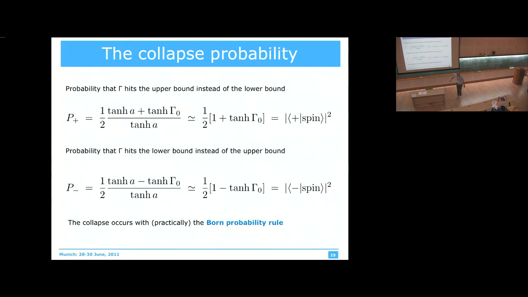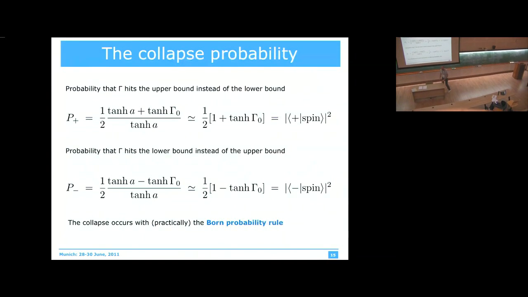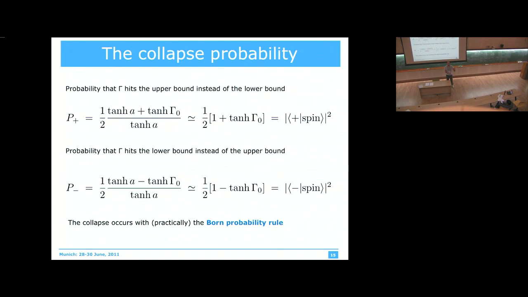With which probability? Now, here is an important thing. The collapse occurs on the pointer, but the quantum probability comes from the state of the particle. The Born rule says that the probability of finding an outcome is given by the square of the modulus for the spin particle.